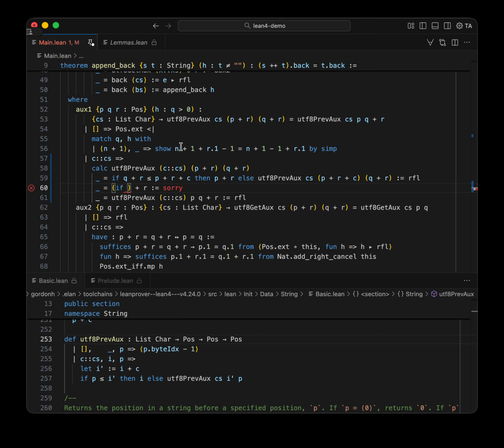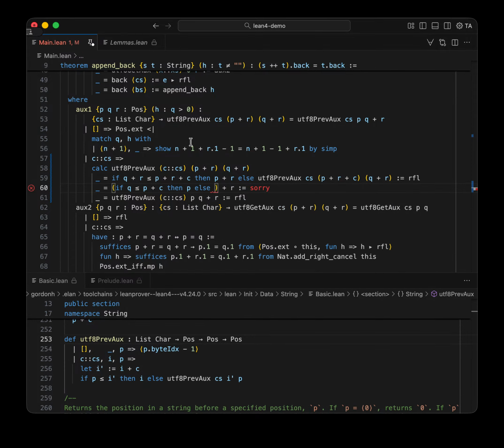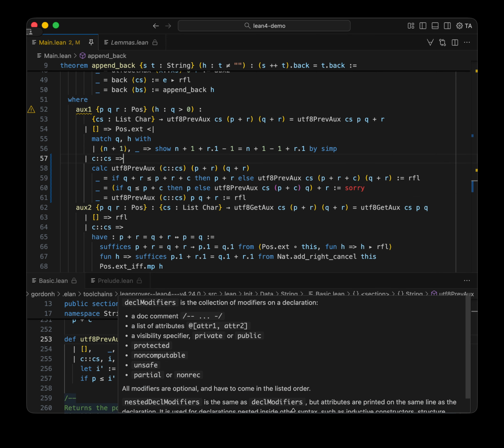Definitionally equal to the unfolding, which is: if q less than or equal to p plus c, then p else cs p plus c and q. Okay.